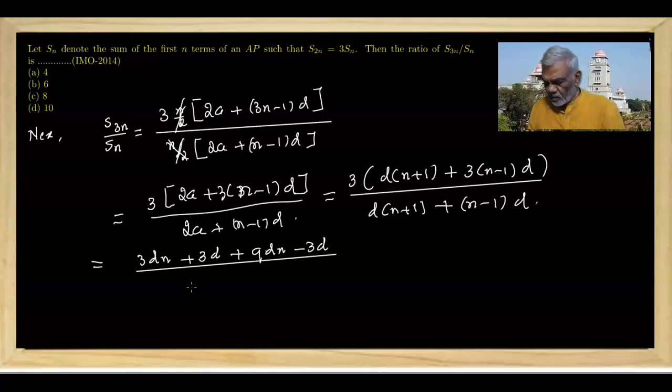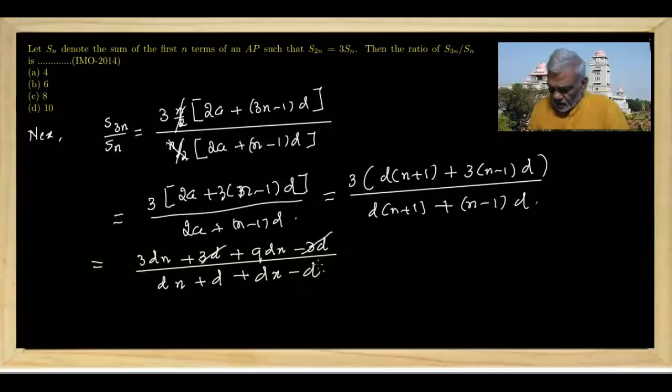Now the denominator: dn plus d plus dn minus d. Now you can see here minus 3d plus 3d is getting cancelled.